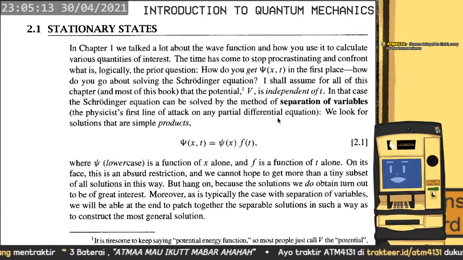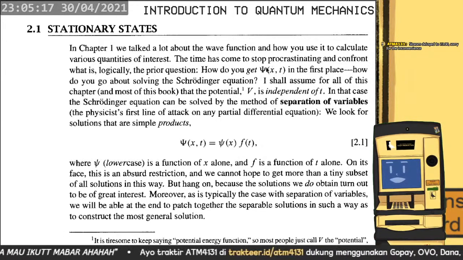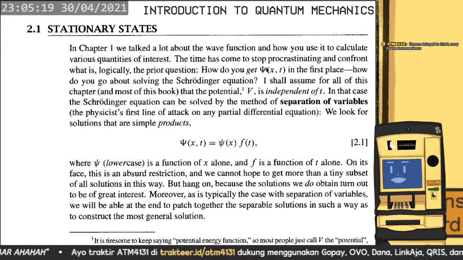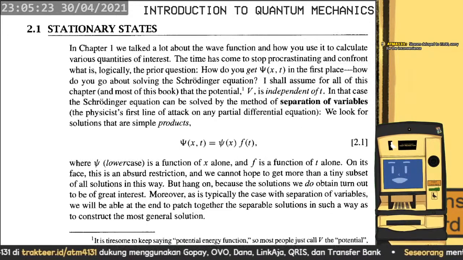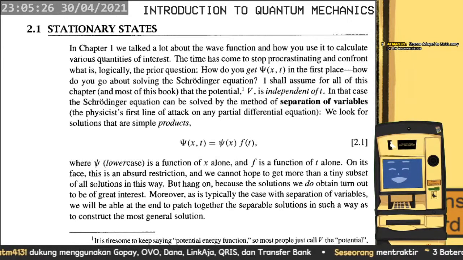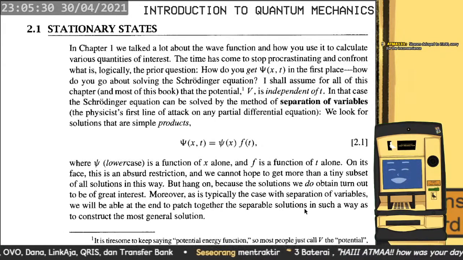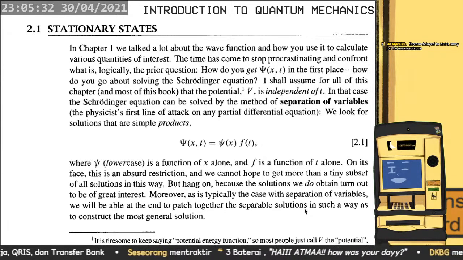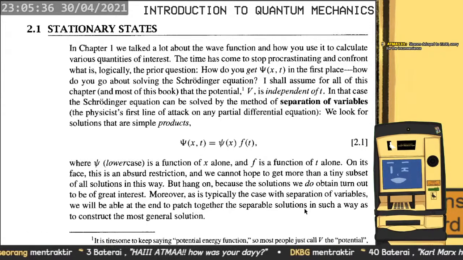In chapter 1 we talked a lot about the wave function and how you use it to calculate various quantities of interest. The time has come to stop procrastinating and confront what is logically the prior question. How do you get Ψ(x,t) in the first place? How do you go about solving the Schrödinger equation?